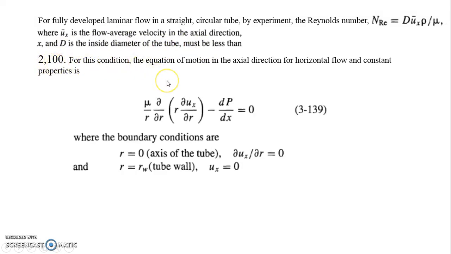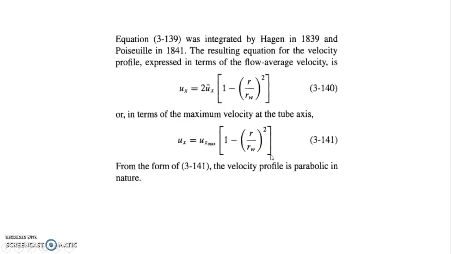For this condition, the equation of motion in the axial direction for horizontal flow with constant properties is given in equation 3.139, where r is equal to 0 at the axis of the tube, r is equal to rw at the tube wall, and ux is equal to 0, and dux over dr is equal to 0.